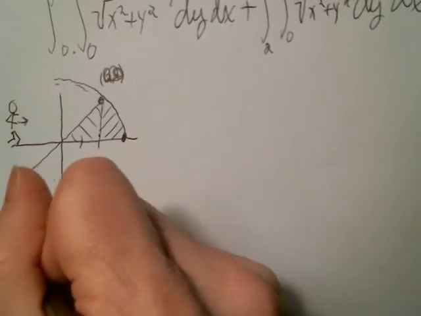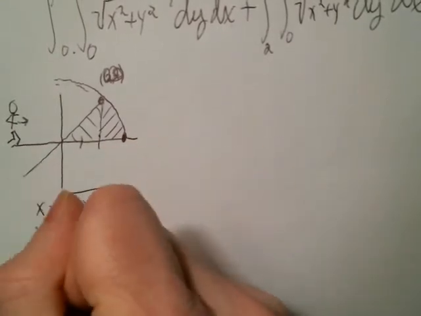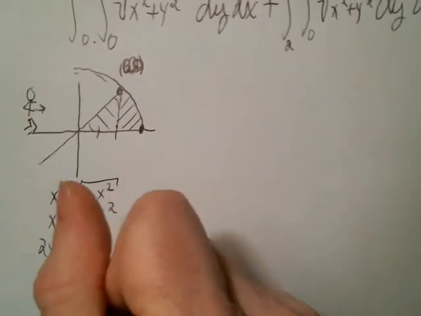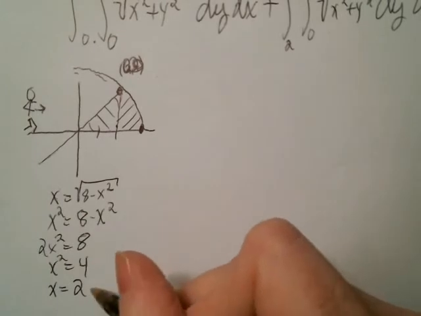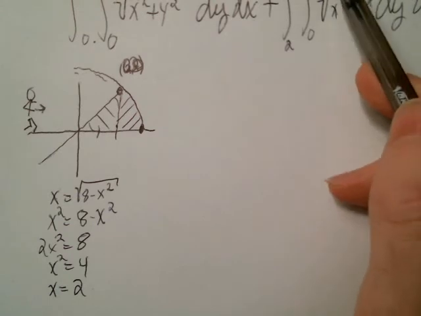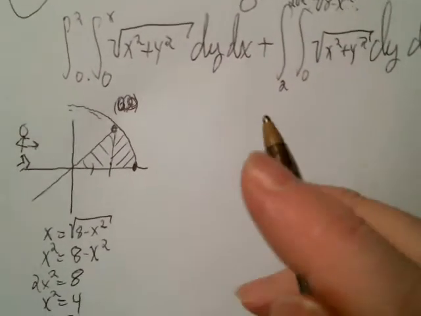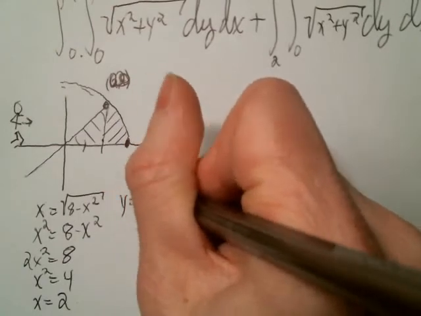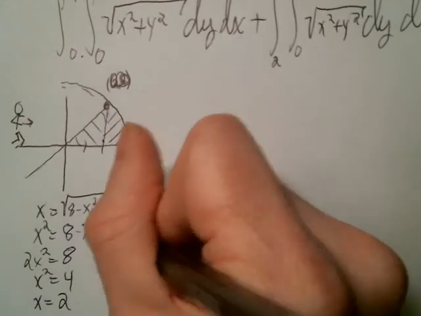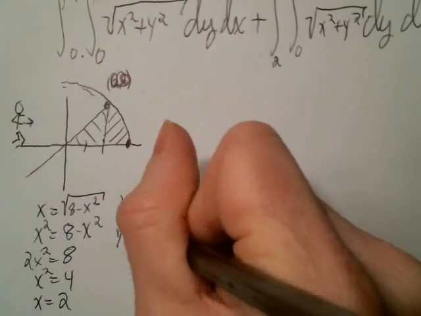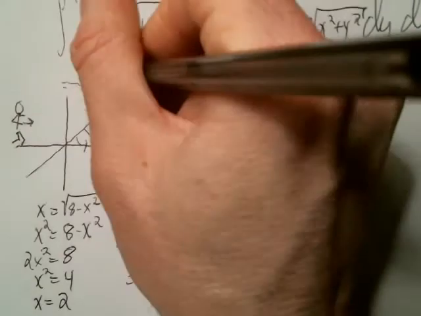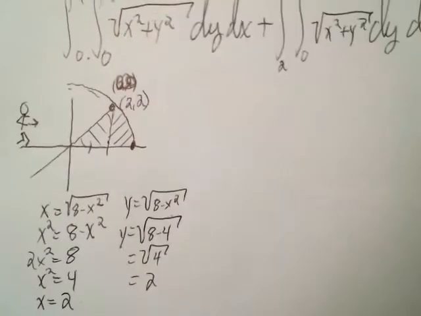Add the x squareds over: 2x squared equals 8. x squared equals 4, so x is plus or minus 2. In particular, we want the positive one, 2. If you plug 2 into the equation y equals square root of 8 minus x squared, you get y equals square root of 8 minus 4, which is square root 4, which again is 2. So the point is (2, 2).